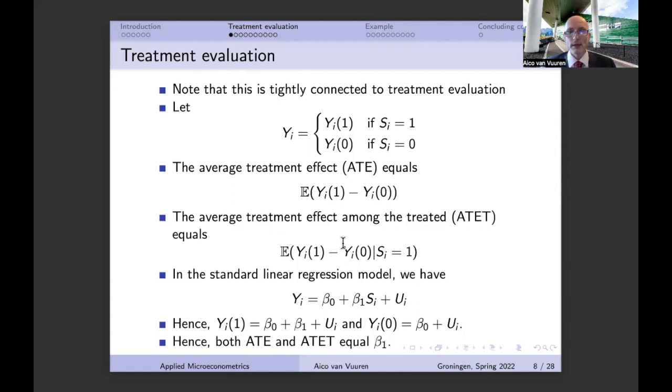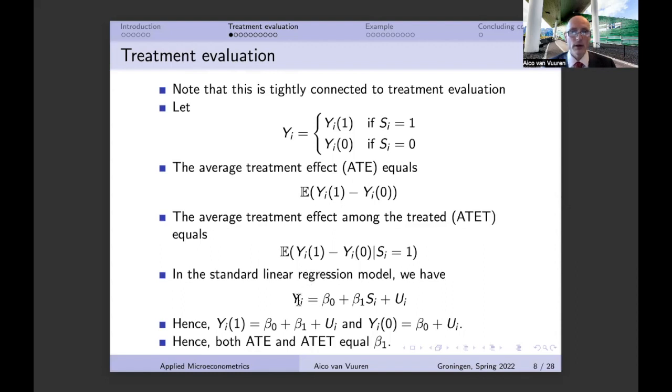Well, the answer to that particular question is related to the model that we have in mind. So far we have been looking at two different models. We have looked at the standard linear regression model, and we have also been looking at the random coefficients model. Let's start with the simplest of the two, and that's the standard linear regression model.